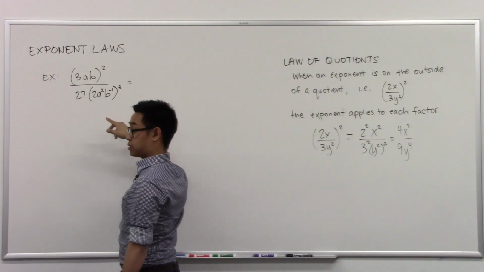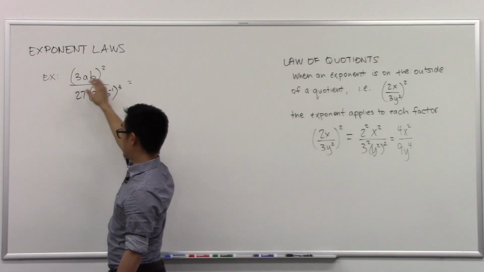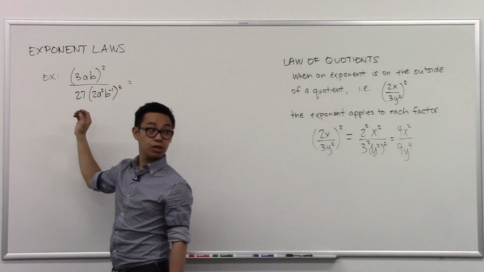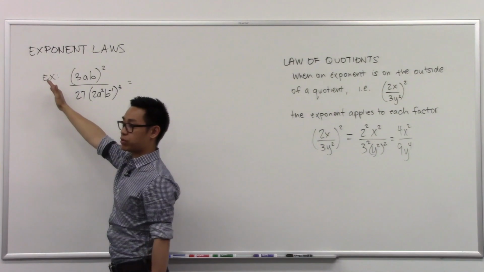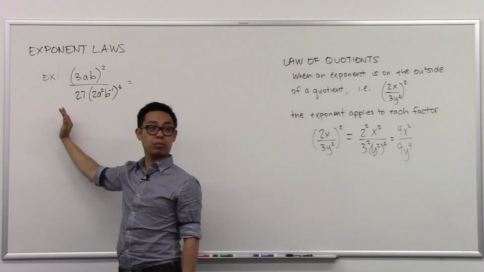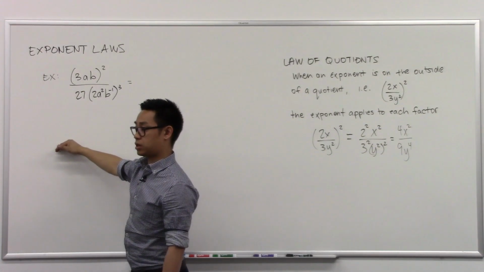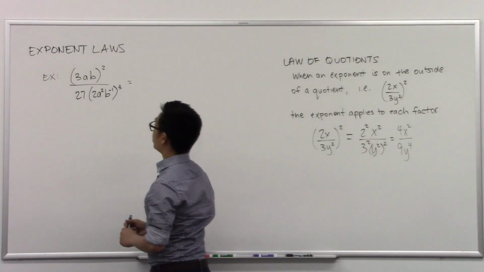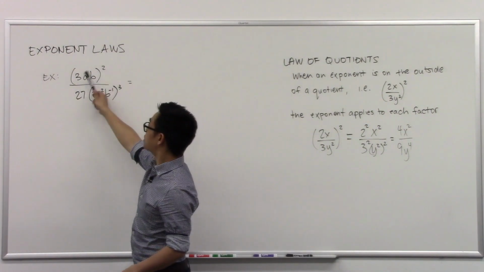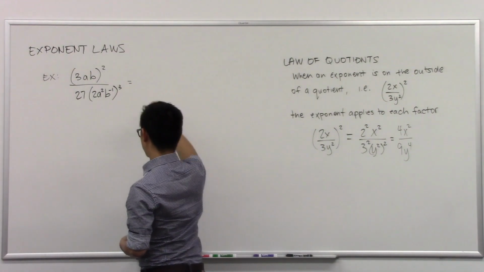Also from BEDMAS, we know that when we have an expression written over an expression, you should be working out the entire answer for the top and the entire answer for the bottom, and then you can divide between the two. Okay. So if we apply the exponents first on this, do not say 6.